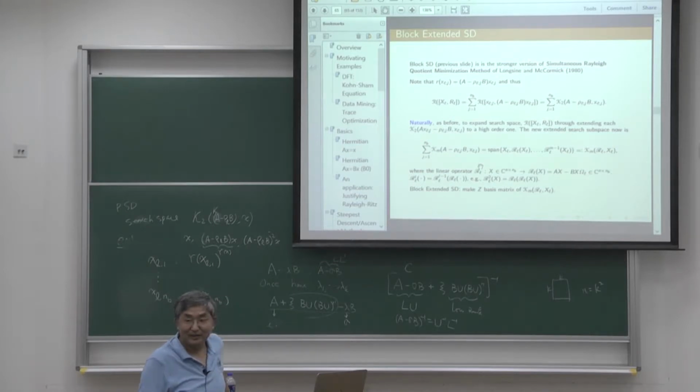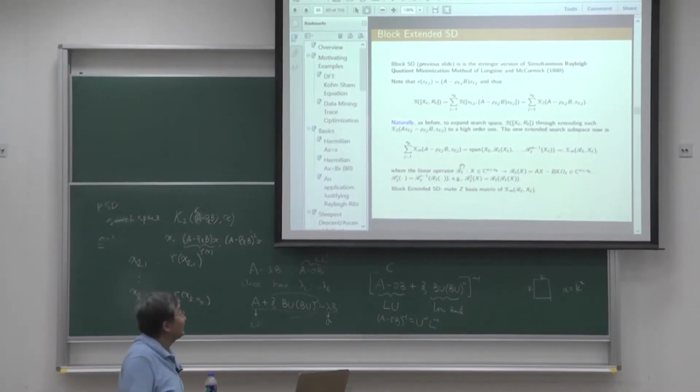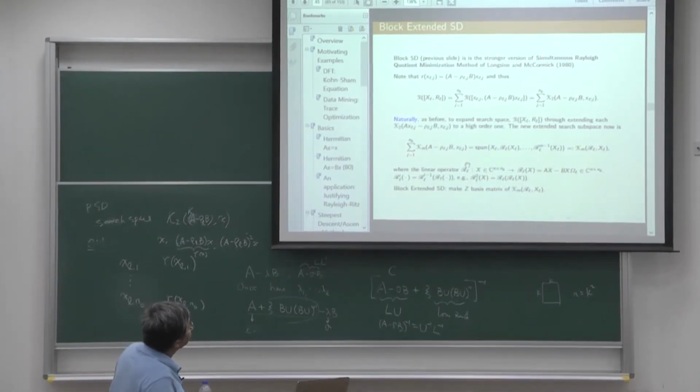How do I know how high the order should be? We don't. So just for simplicity, let's keep everybody at M. And one benefit of doing so is that the sum of these Krylov subspaces of order M can be written as a Krylov subspace of an operator R.